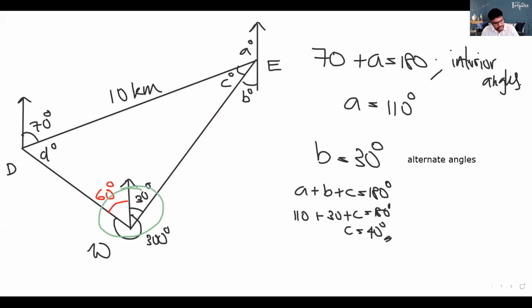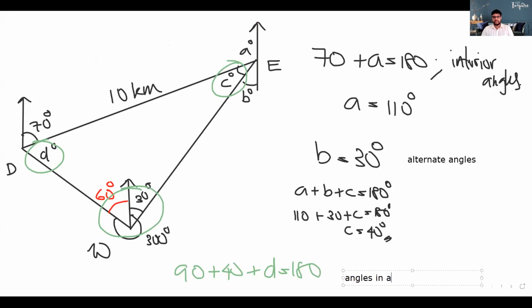Then you know that this one is 40 degrees. So now all you have to find is D. That means 90 plus 40 plus D should be 180. The reason is angles in a triangle. Therefore, children, once you work that out, D comes as 50 degrees.